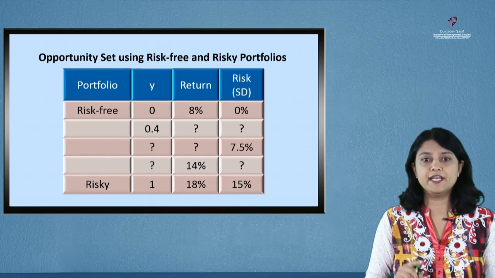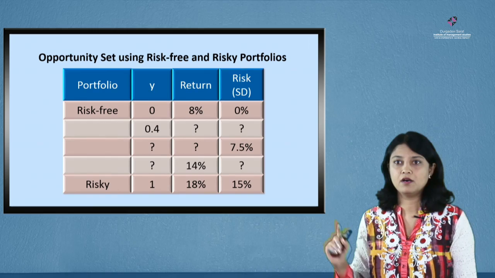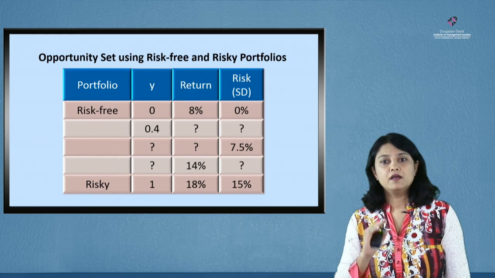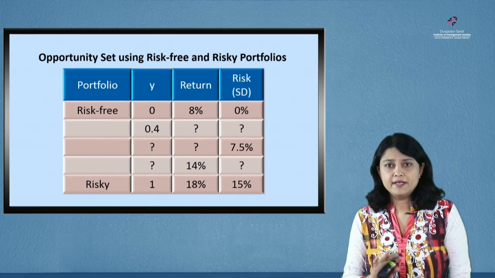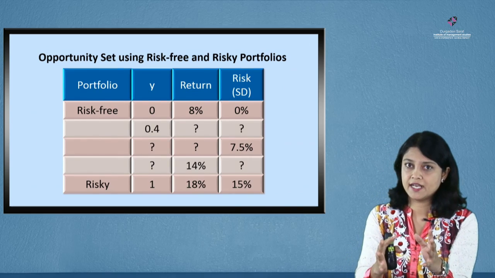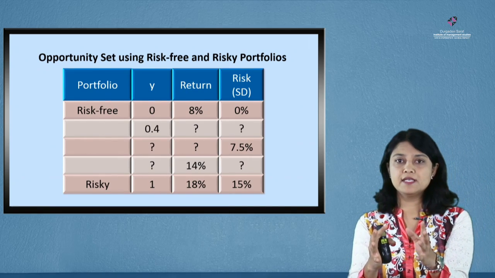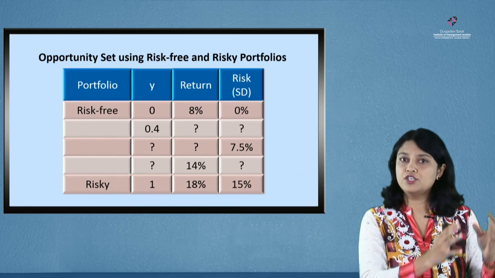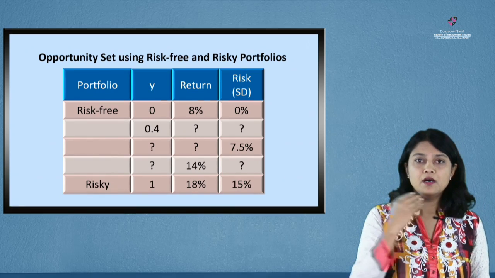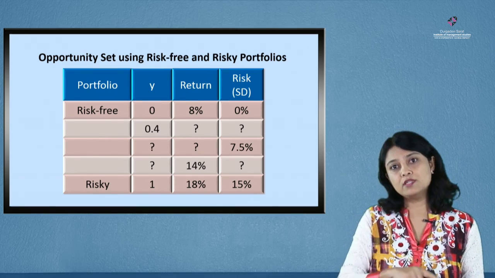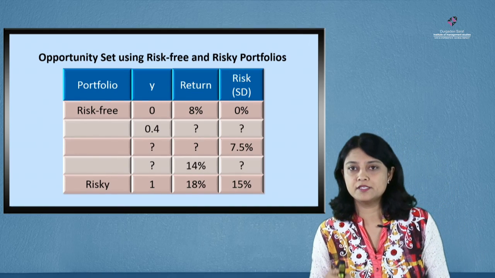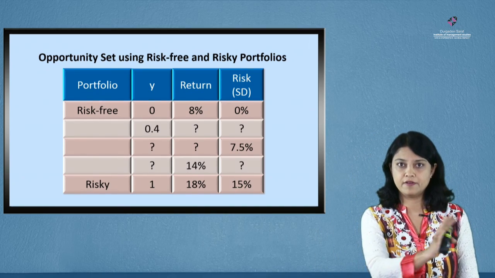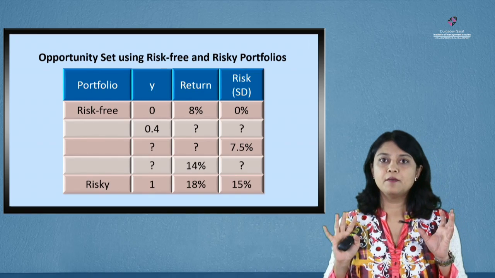Now in such a case, as you can see in the third row of the table, you have fixed the risk target, the risk tolerance level, and depending on that, you will calculate what the proportion should be that I invest into risky assets so that I get this 7.5% of risk. So you ask yourself, and that's how the decision is made.